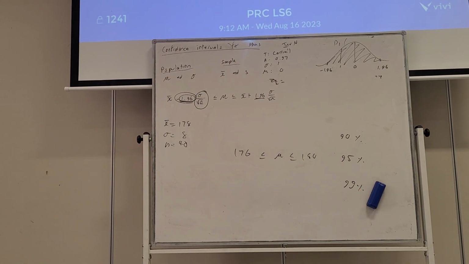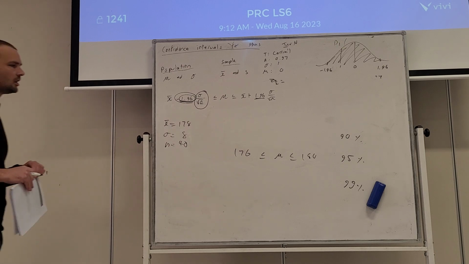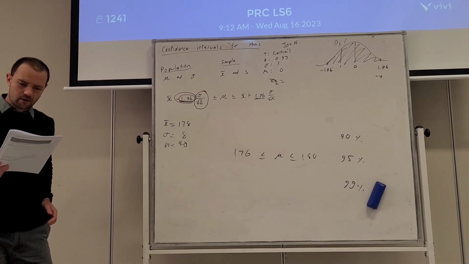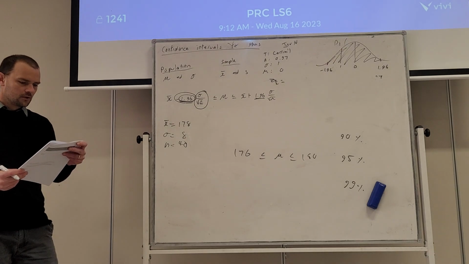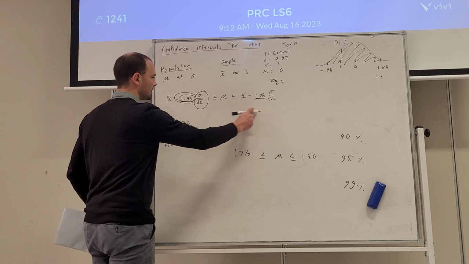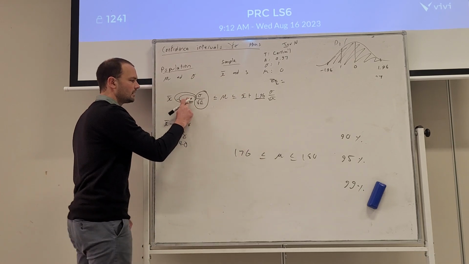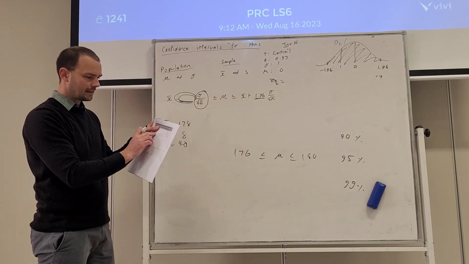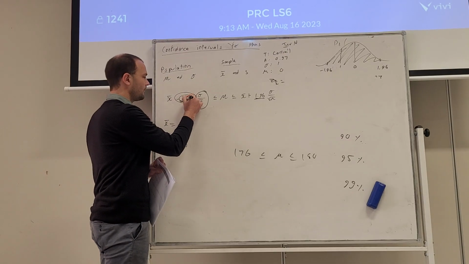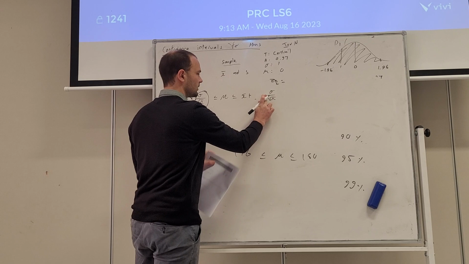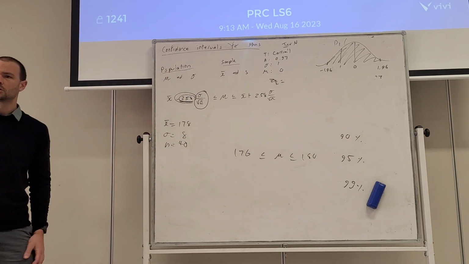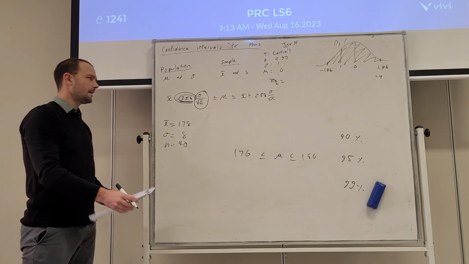So I said we'll do our 99 using the manual technique, and then I'll show you how we can use our calculator. So for the 99% confidence interval, we're following this formula, except we're changing this number to, from our table of values, 2.58. Everyone see that in their table of values, 99% confidence interval corresponds with 2.58.